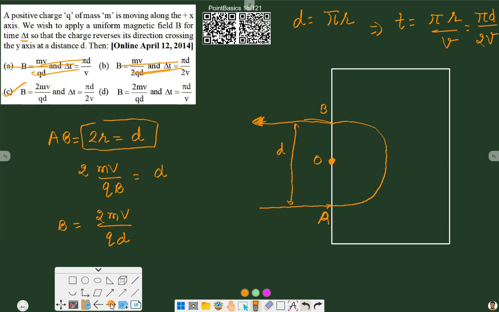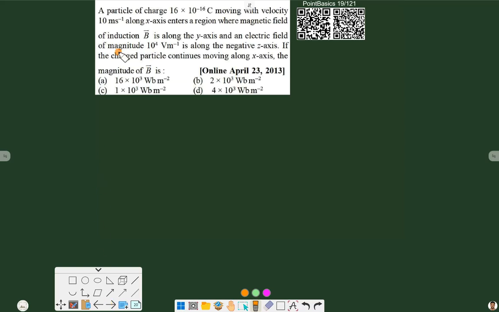Moving to the next one. A particle of charge 16 into 10 raised to power minus 16 coulomb, moving with velocity along the x-axis, enters a region where the magnetic field is along the y-axis and the electric field along the negative z-axis. If the charged particle continues to travel along the x-axis, the magnitude of B?